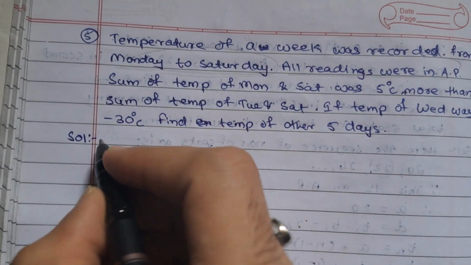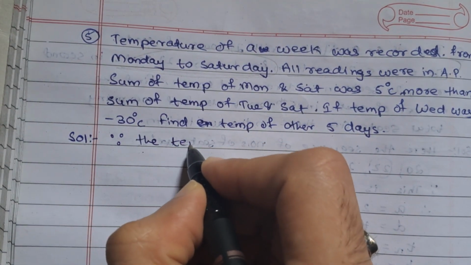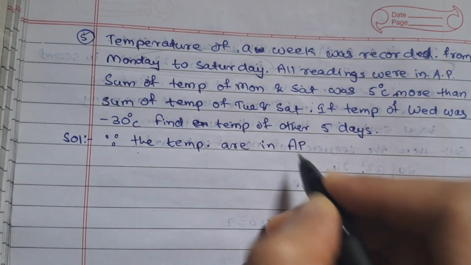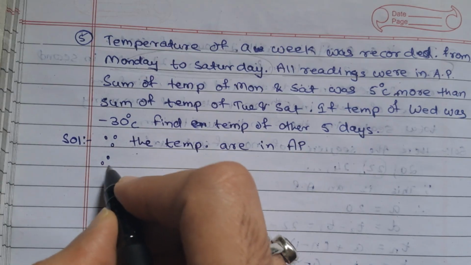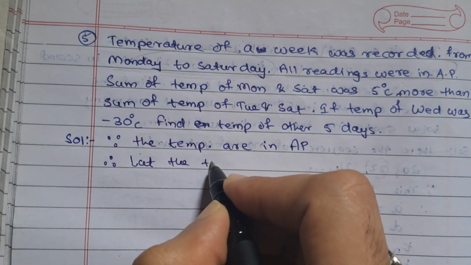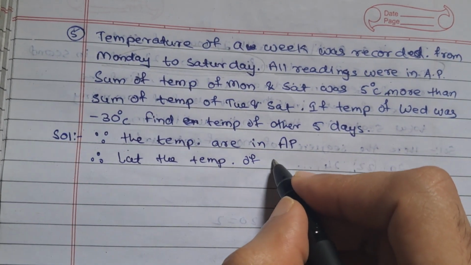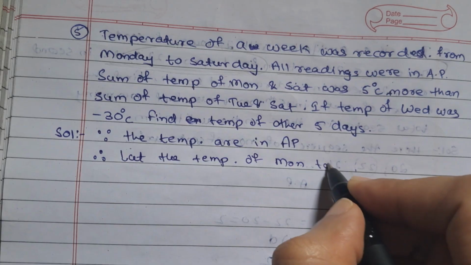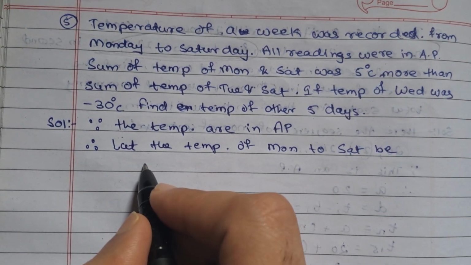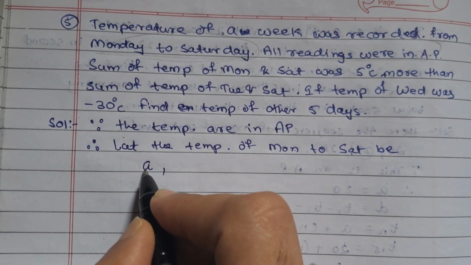So I will say, since the temperatures are in AP, therefore let the temperature of Monday to Saturday be, let's say I am considering a temperature A degrees Celsius for a particular day, then what will be the temperature after that?